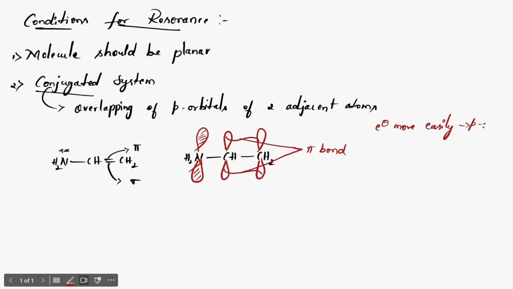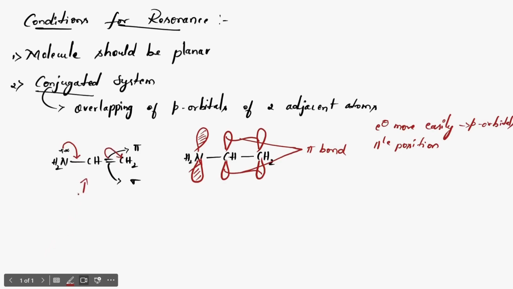When p orbitals are in parallel position, all these p orbitals are in parallel position so that the electrons can move easily. Here this lone pair of electrons can easily move here, and this pi electron can shift here.